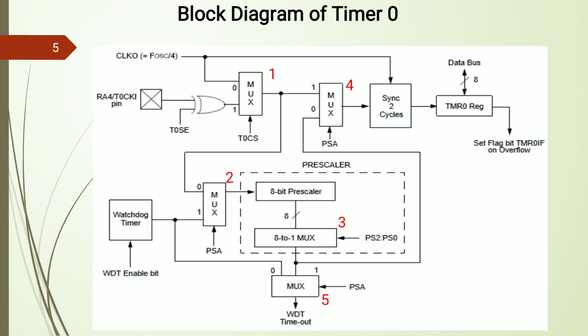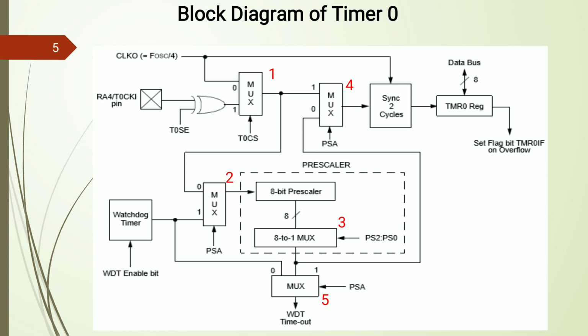So the signal coming from MUX 1 is applied to MUX 2, and the output of MUX 2 is applied to MUX 3 for the prescaling option, and the output of MUX 3 is forwarded next. In case of MUX 5, if PSA is equal to 0, the output of MUX 3 is not connected to MUX 5 as an input. The output of MUX 3 is directly connected to MUX 4 as an input.